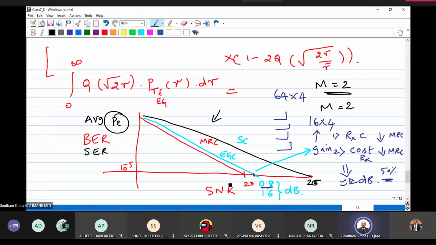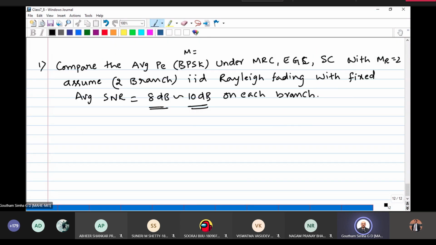This is in dB. Now, assume a Rayleigh fading scenario. Find out what is going to happen with the average probability of error for MRC, EGC and selection combining with two branches, and you have to assume IID.